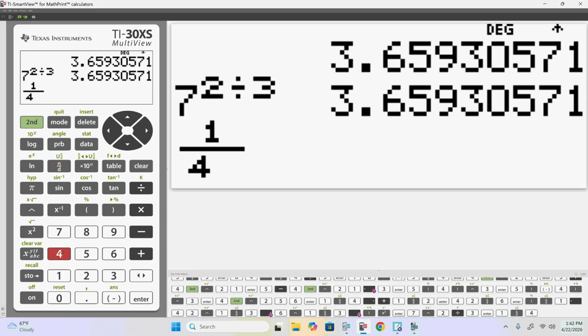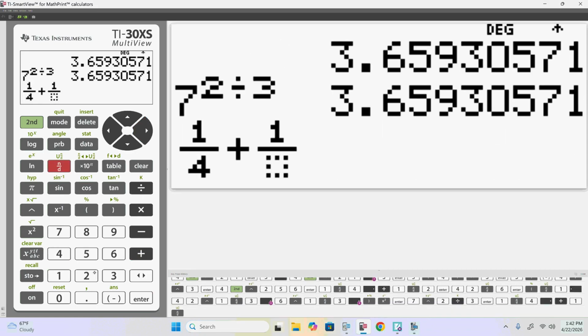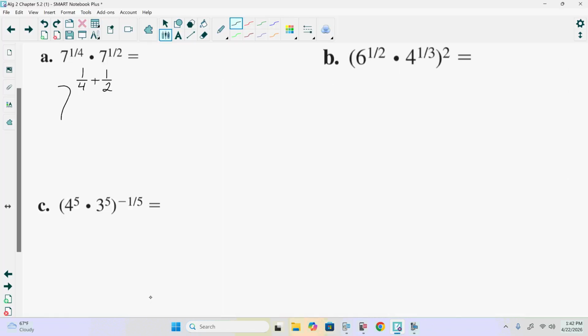Well, 1/4 plus 1/2 is indeed 3/4. So that tells me that we actually have 7 to the 3/4.